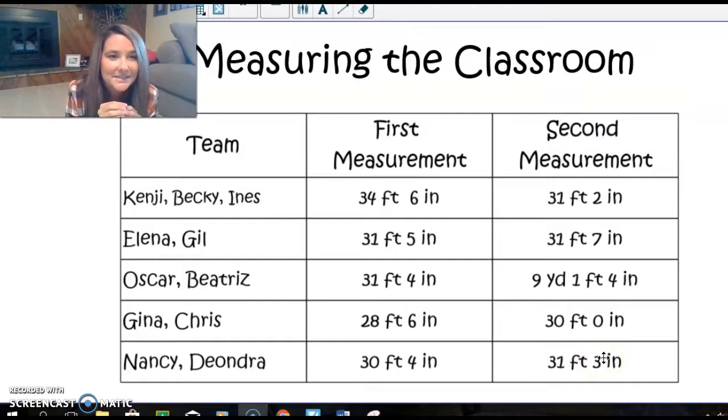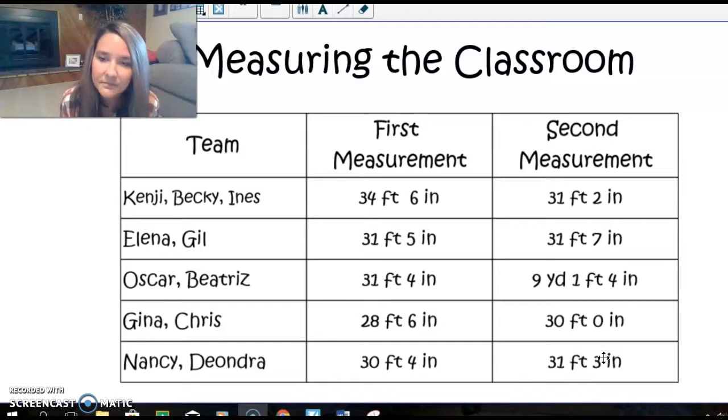So I bet these teams are being a little bit more precise, but it's still important to note that sometimes there will be slight variations due to people starting in different places or ending in different places. So that's why their measurements may still be a little bit different.